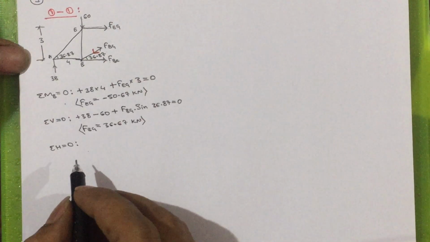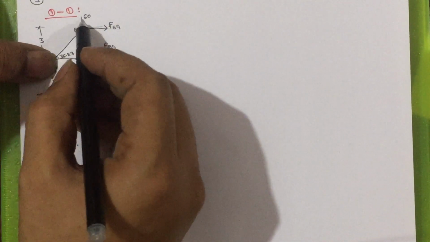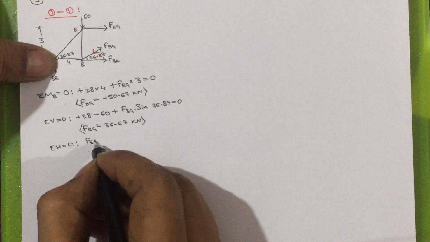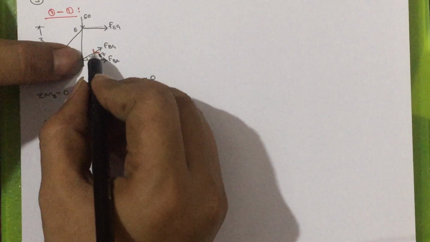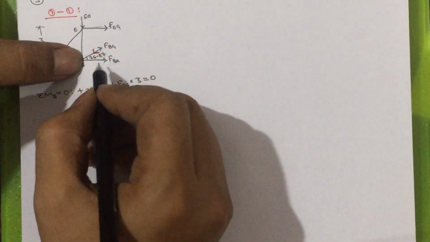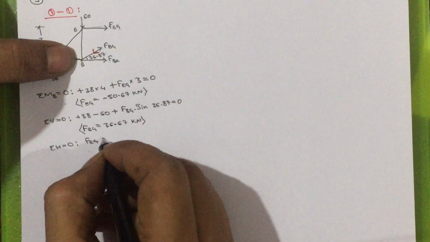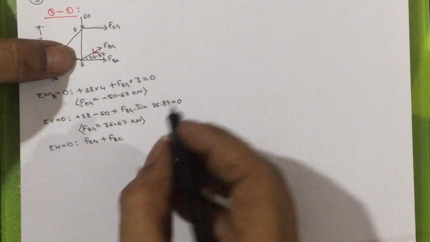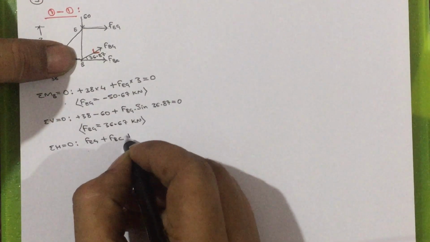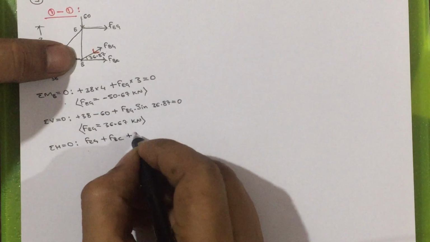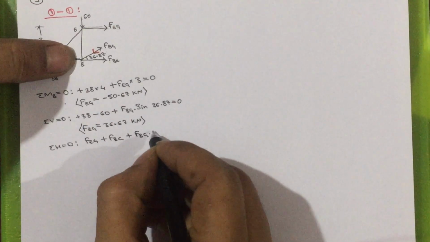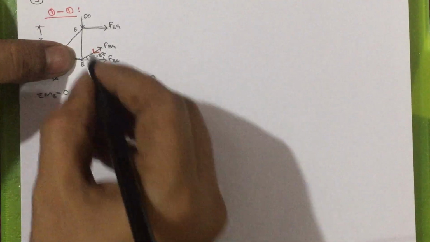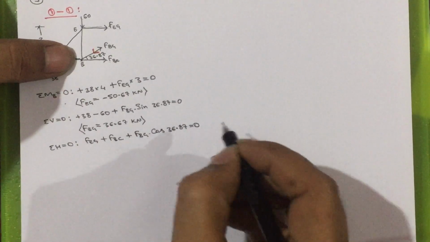Only the horizontal forces and horizontal component, vertical leave it, horizontal, so plus FEG, then here the plus FBC, then only take the horizontal component, that is plus component is f cos theta, FBG into cos of 36.87, leave the vertical component, that should be equal to 0.